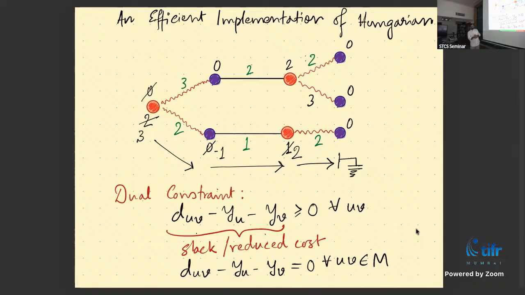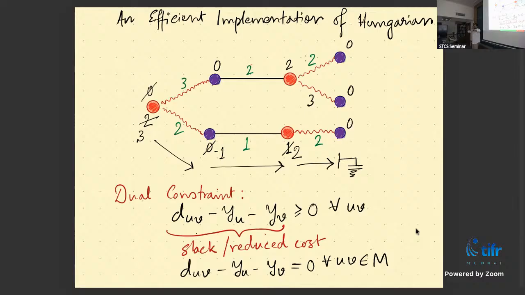So here we use the notion of what is known as the reduced cost of an edge or the slack of an edge. Okay, what is the slack of an edge? Well, remember, this is the dual constraint that every edge has to satisfy. Now, some of them are already tight. We say that the slack is 0 for those edges. But for some of the edges, given that you have maintained this invariant so far, they will have a slack, right?